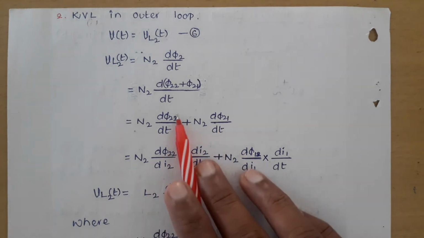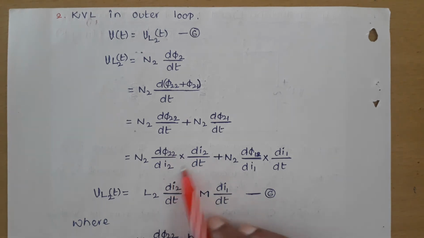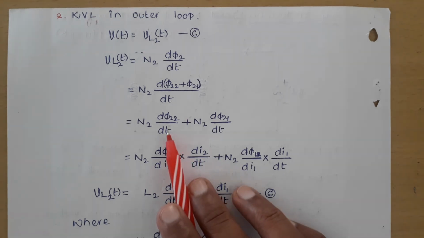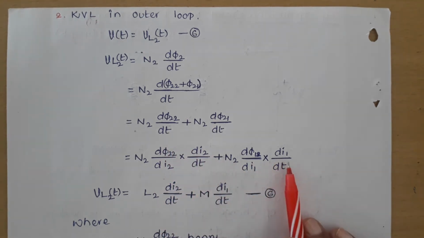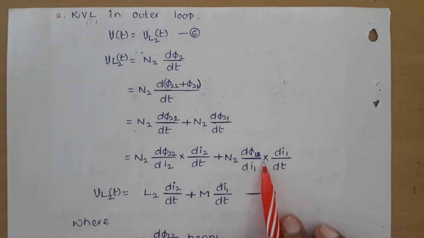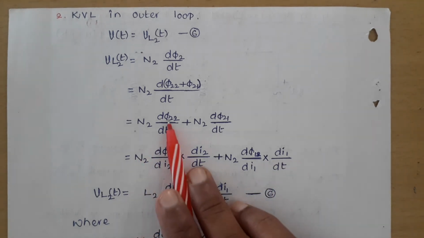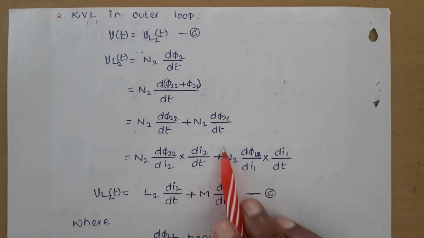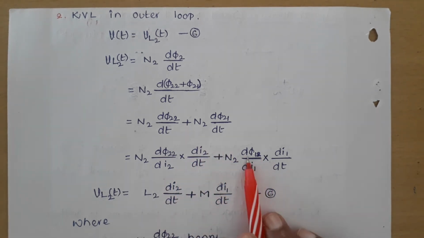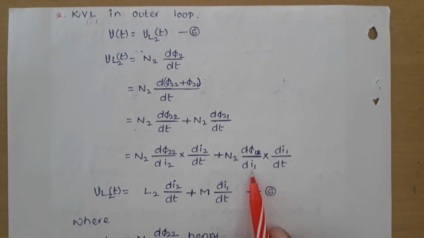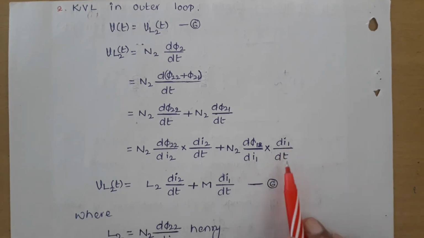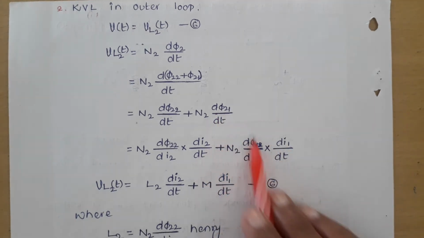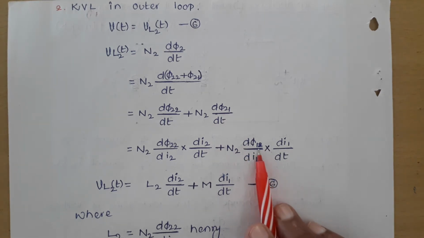Again multiplying and dividing with di2 for the first term and di1 for the second term, N2 dφ22 by di2 into di2 by dt plus N2 dφ12 by di1 into di1 by dt. Because φ21 equals φ12, I am taking φ12.